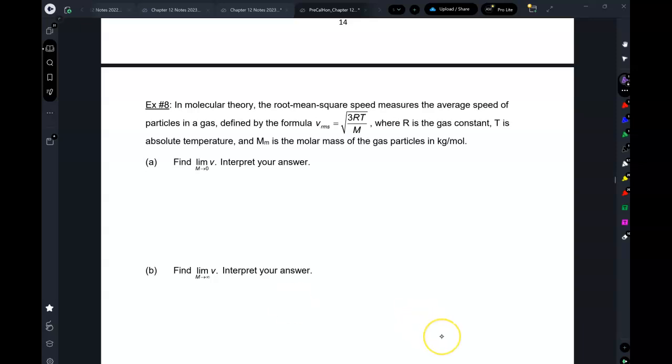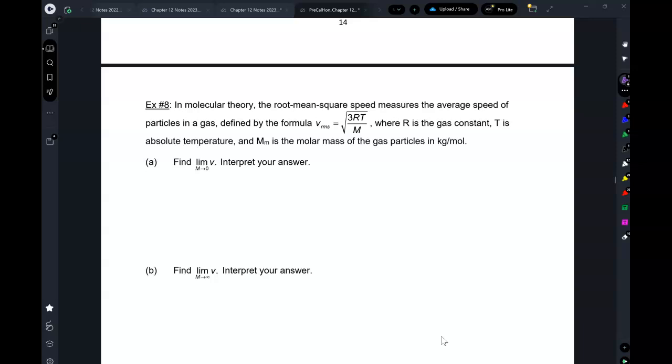So in molecular theory, the root mean square speed measures the average speed of particles in a gas, defined by this formula, where R is the gas constant, T is the temperature, and M is the molar mass of the gas in kilograms per mole.